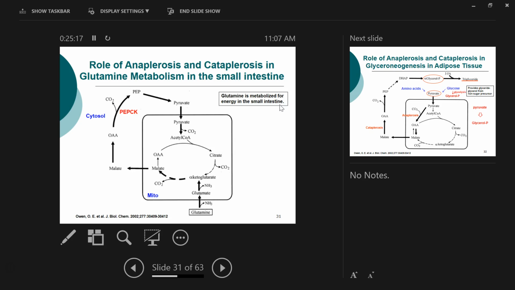Malate then leaves the TCA cycle and enters the cytosol, converts to oxaloacetate and PEP, and eventually to pyruvate. Pyruvate then re-enters the mitochondria, is converted to acetyl-CoA, and enters the TCA cycle for complete oxidation. So it is kind of a long way to eventually be oxidized for energy.